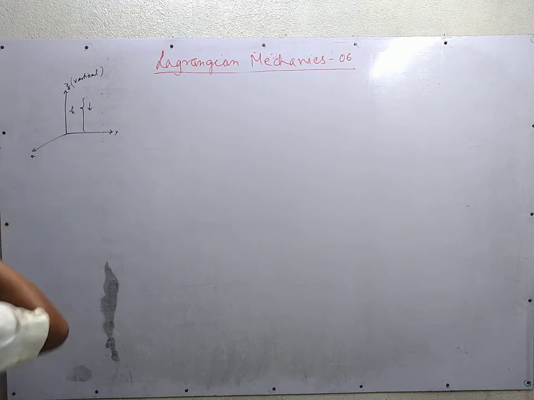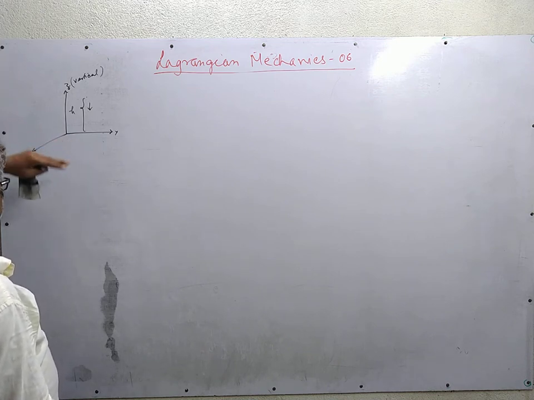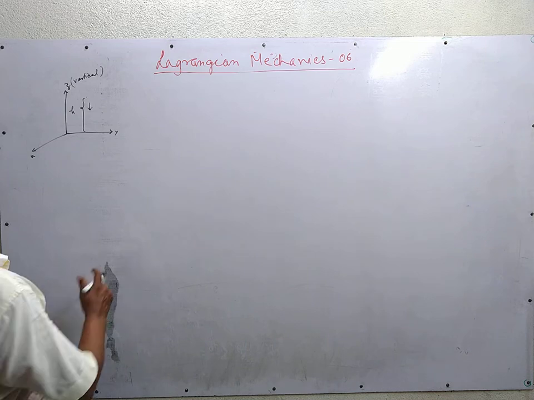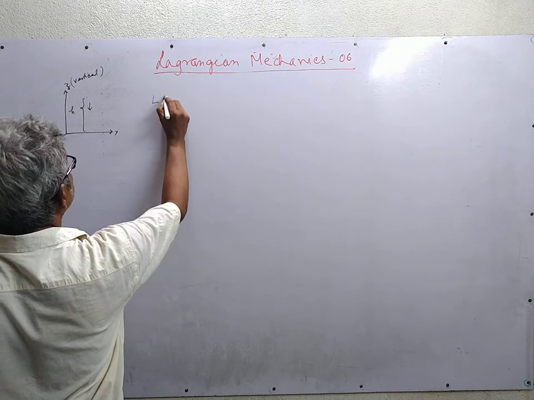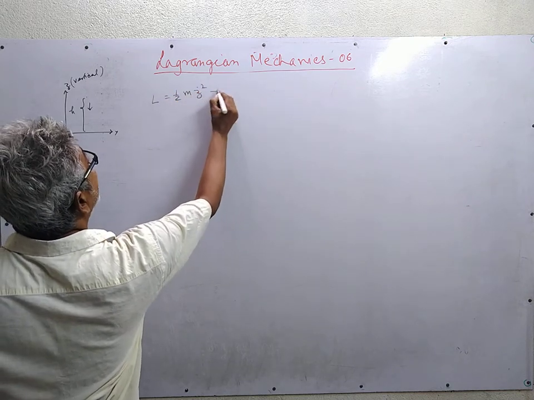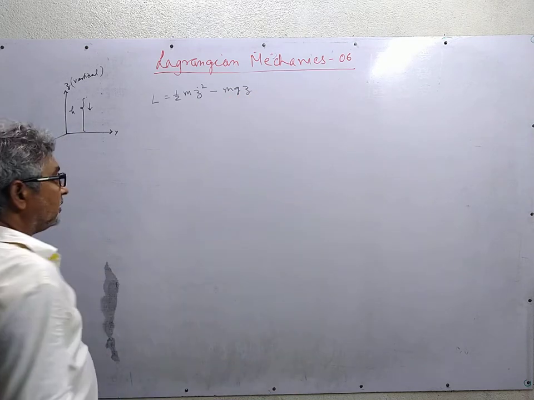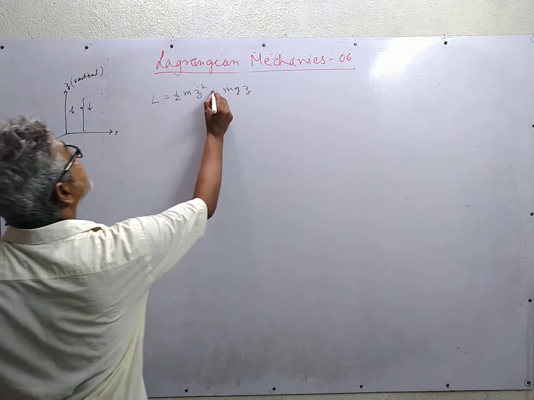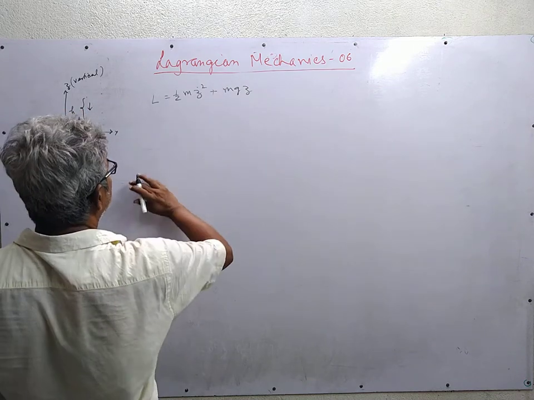So at any instant, if we consider the z is equal to 0 plane as the zero level of potential, then we have the Lagrangian is half m z dot square minus mgz, sorry, plus mgz, because when it is above the z, this is the potential.